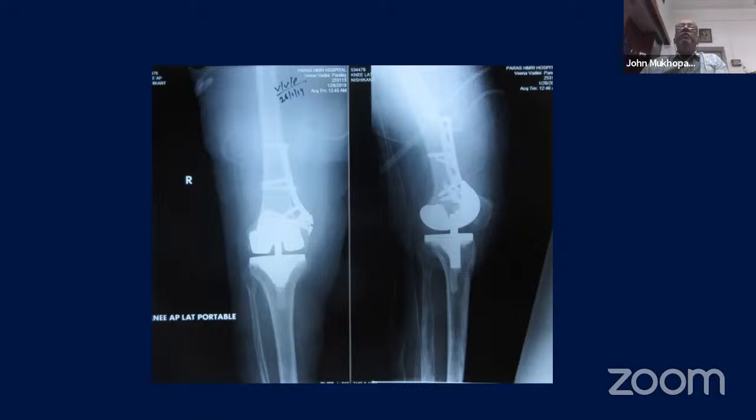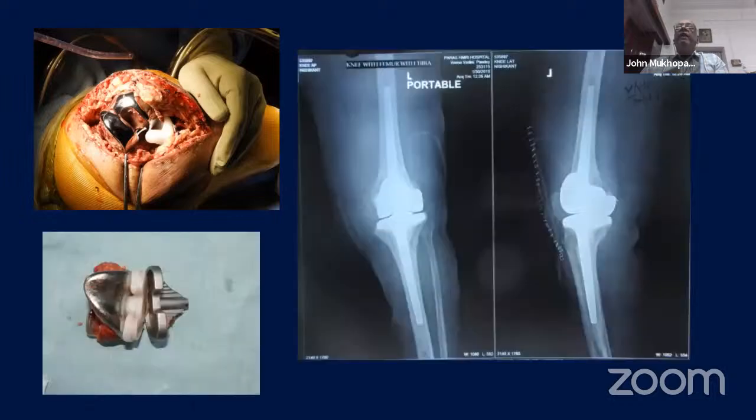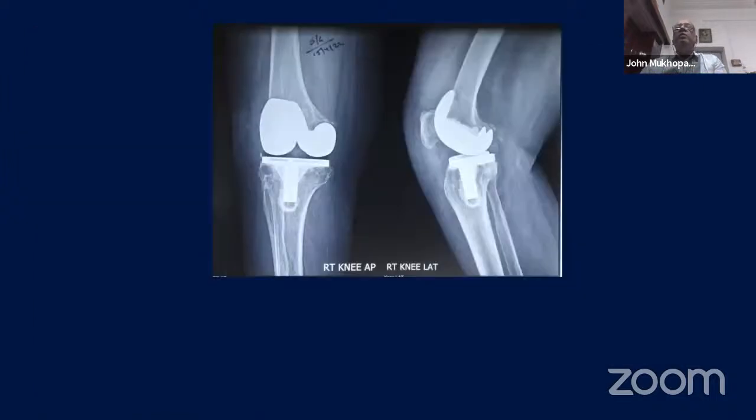We could fix it with a screw with a spiked washer, and a buttress plate, and that was okay. But on the left side, you can see that the joint was totally loose. It came out, and we had to actually revise it with a revision prosthesis. So I think these fractures can cause a number of problems.